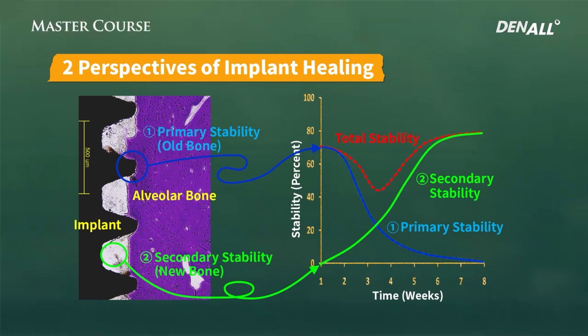Meanwhile, secondary stability goes up, and the total stability dip is created at some point. That is called the stability dip. Efforts have been made to improve the design and surface of a fixture to decrease the total stability dip. We need to look at from the primary stability to address the issue.